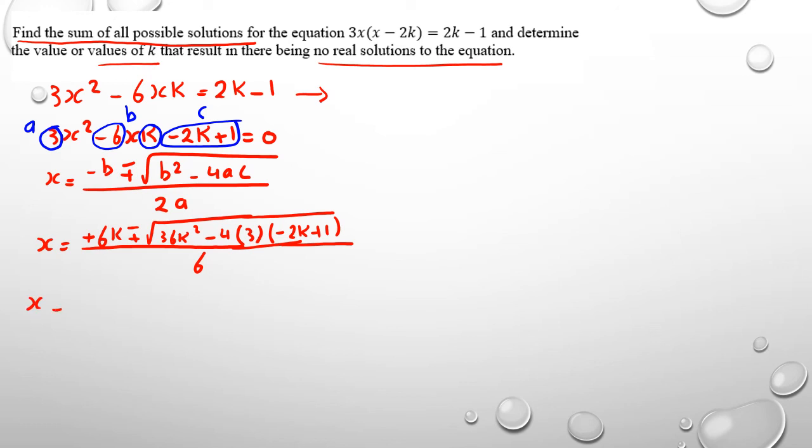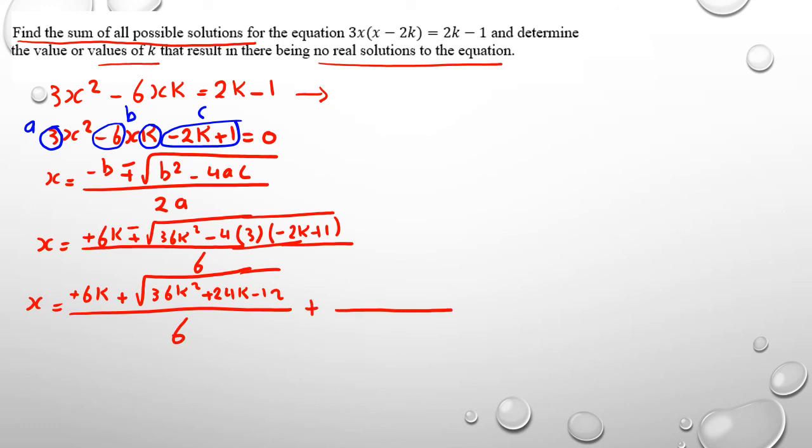I'm just trying to simplify first and then I will write. So if I simplify what's underneath the bracket, just multiplying and expanding, I'll end up with positive 6k plus square root of 36k squared plus 24k minus 12, over 6.